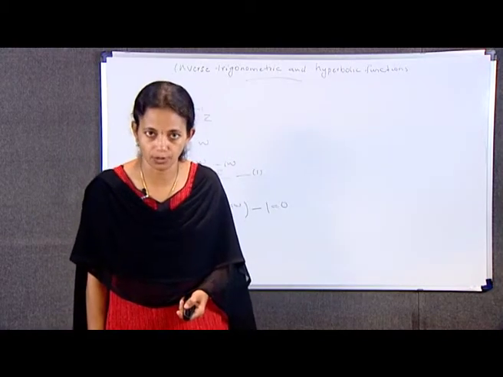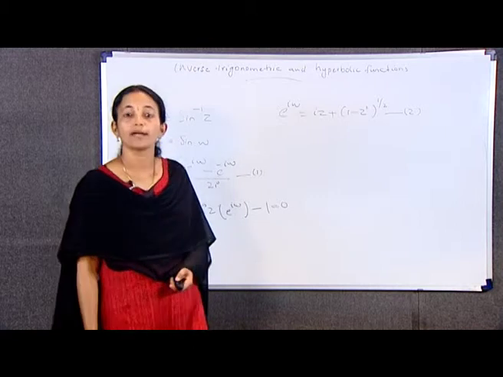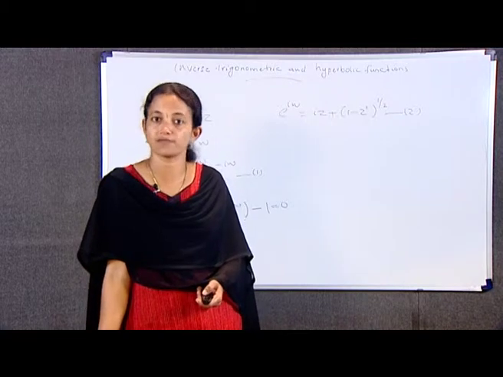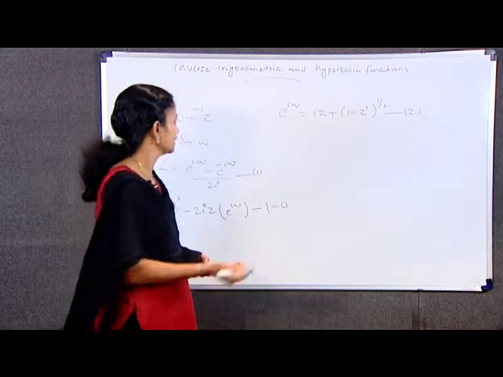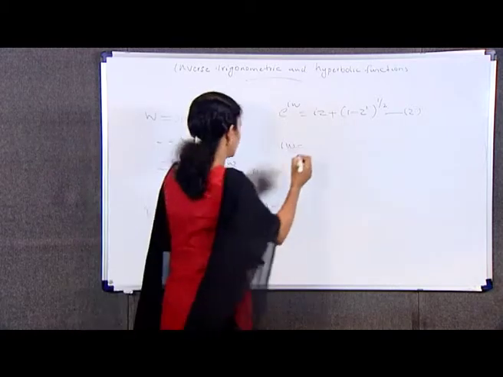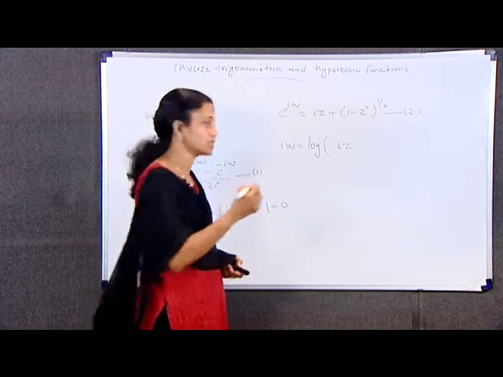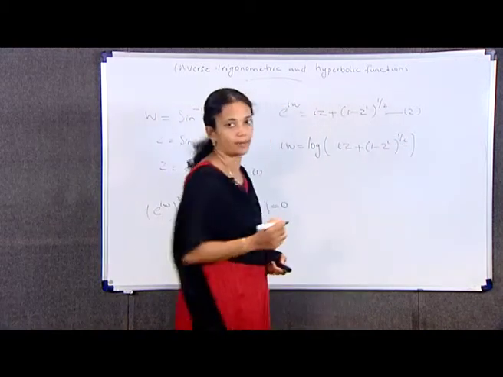Solving for e raised to iw, we get e raised to iw is equal to iz plus 1 minus z square raised to 1 by 2, equation number 2, where 1 minus z square whole raised to 1 by 2 is of course a double valued function of z. Taking logarithms on both sides of 2, we get iw is equal to log of iz plus 1 minus z square whole raised to 1 by 2.